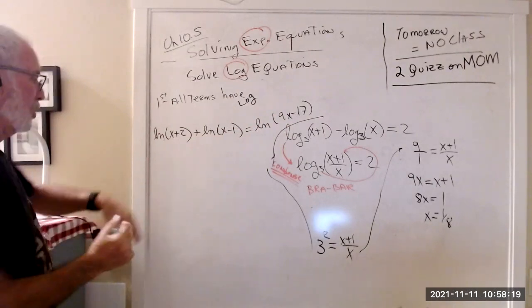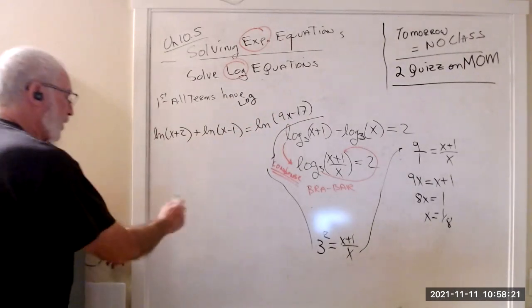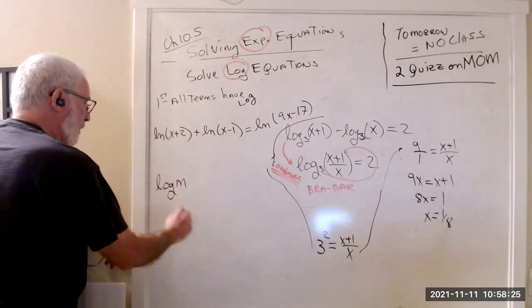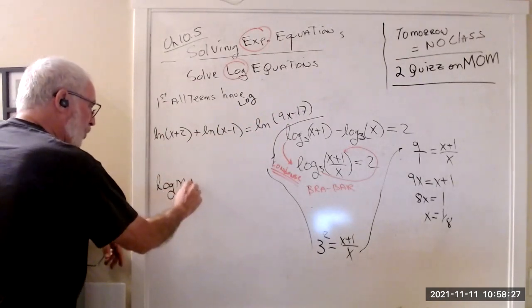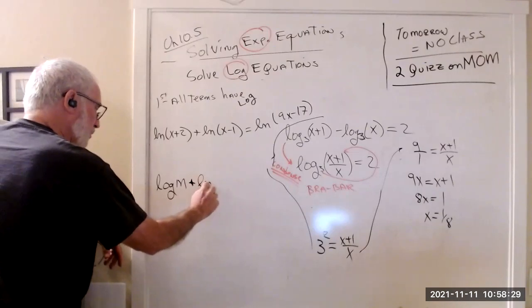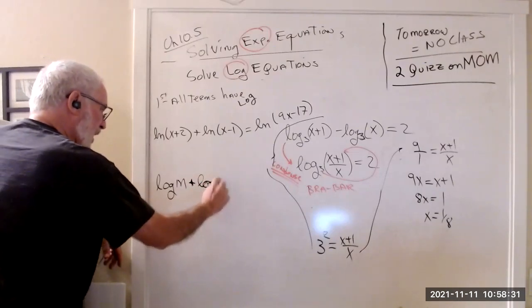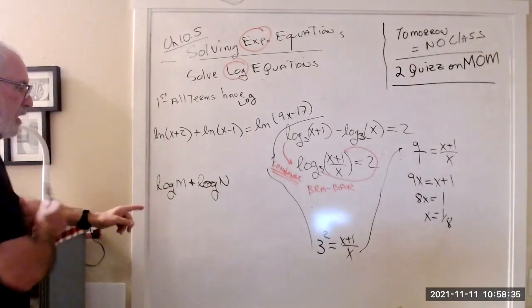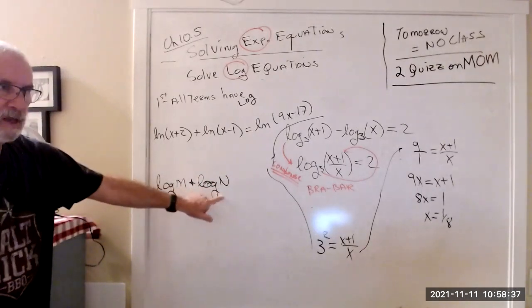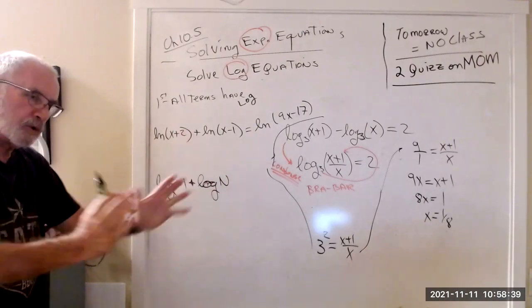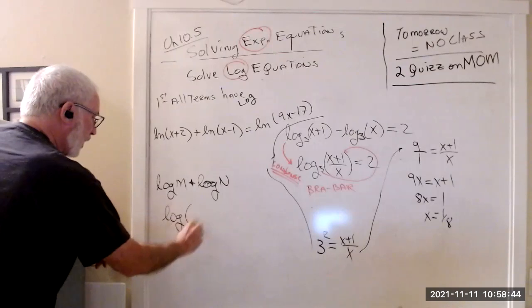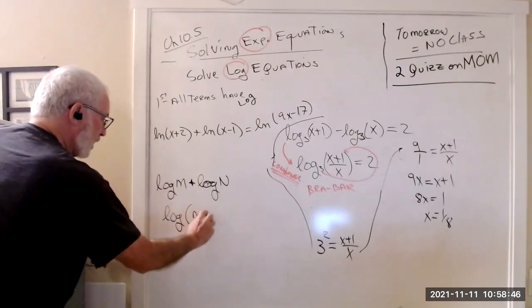We had this rule: if we had the log of m added with the log of n, you can put them together as a single log of m times n.